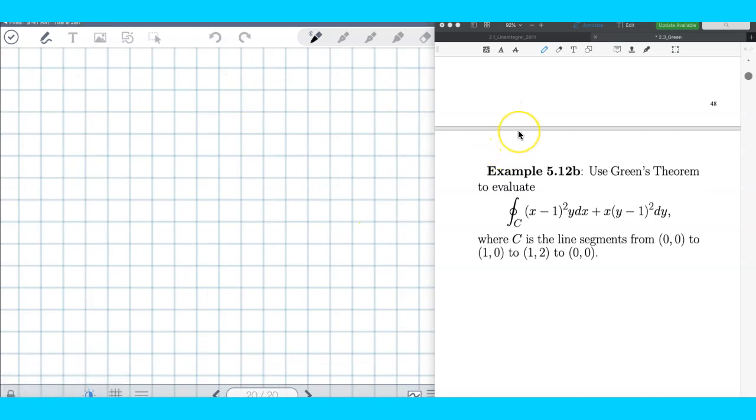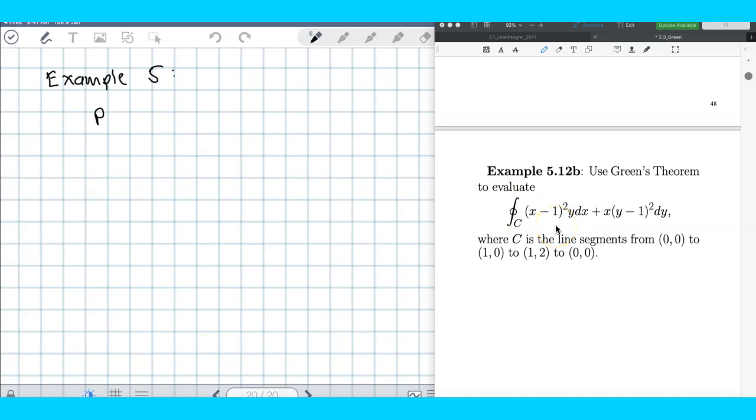Okay, so another example of Green's theorem. Consider this as example 5. It is already stated that this is a closed curve.